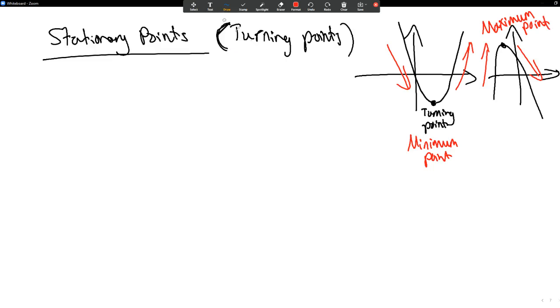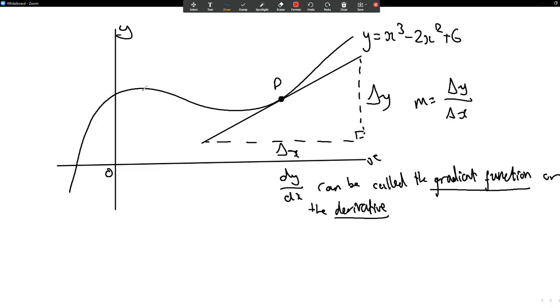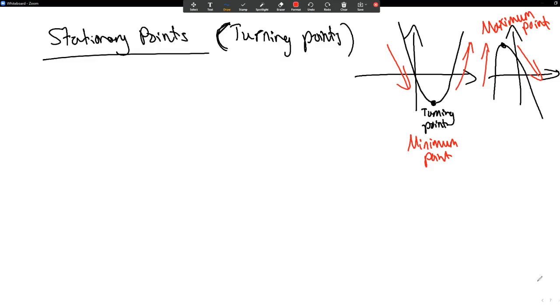Now if we go back to our previous example here, we can see that we have a turning point here and a turning point here. And this one's a maximum, and this one's a minimum.